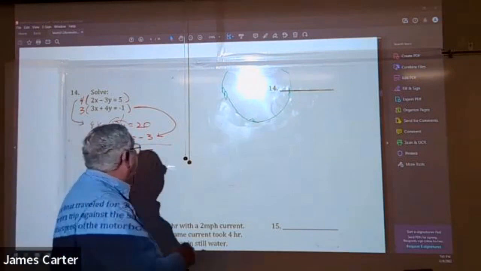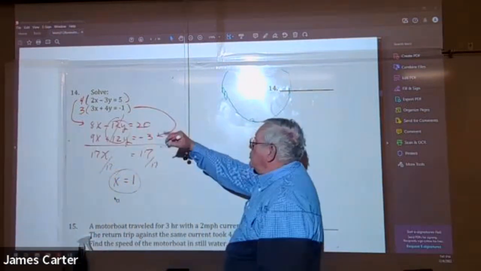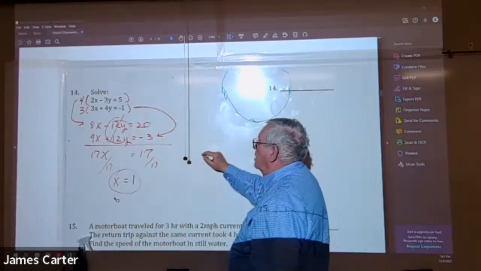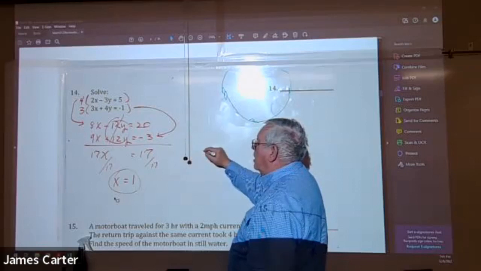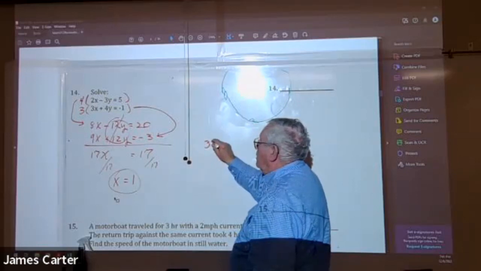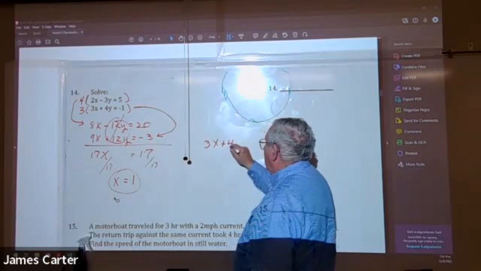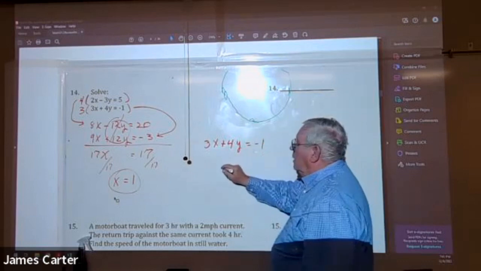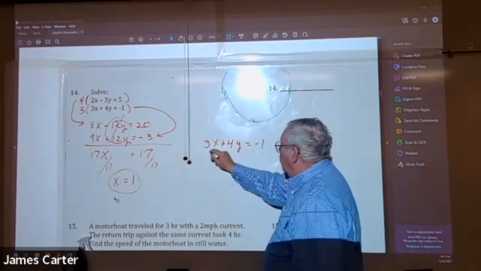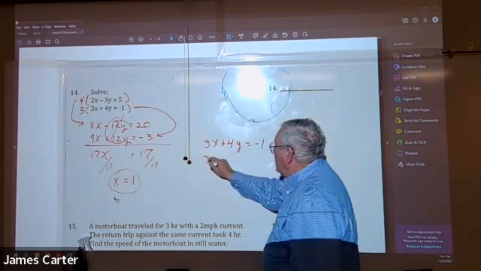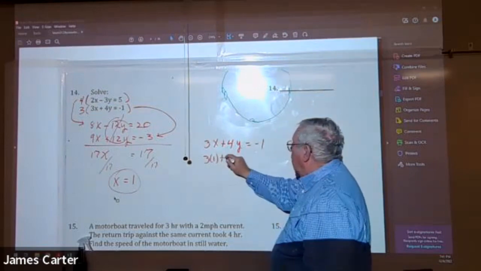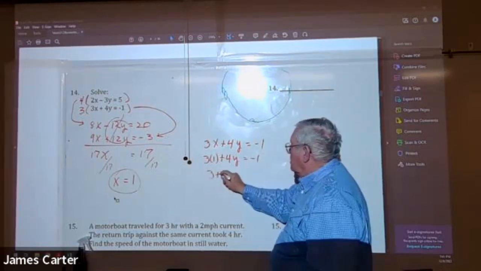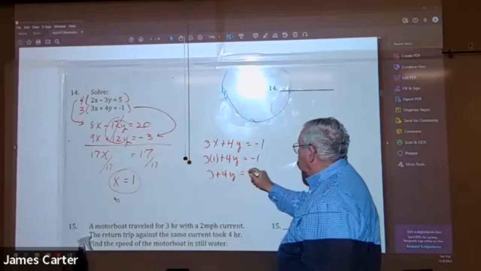For my y value, I can use either one of those. I'll use the bottom one because it's already positive. 3x plus 4y equals negative 1. I'm going to replace the x with 1. 3 times 1 plus 4y equals negative 1. So 3 plus 4y equals negative 1.